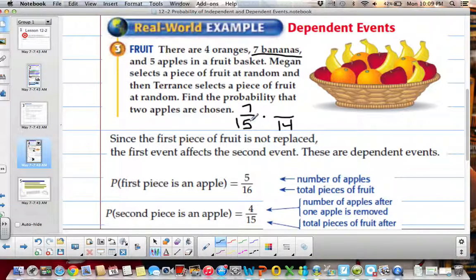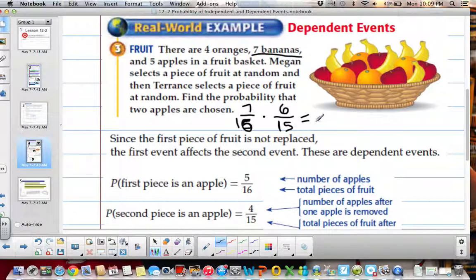Oops, I'm sorry. We started with 16 pieces of fruit. This should be 16. 7/16, and then this should be 15. I was a little ahead of myself, but I'm glad that I caught that. And then our top would be 6 because there's only 6 bananas left.